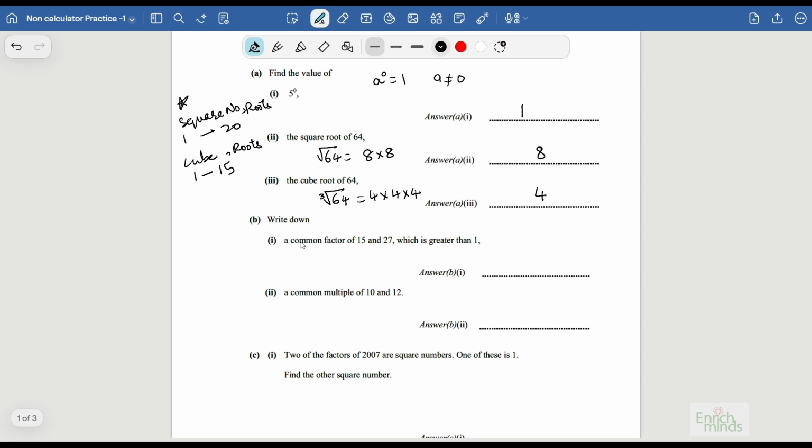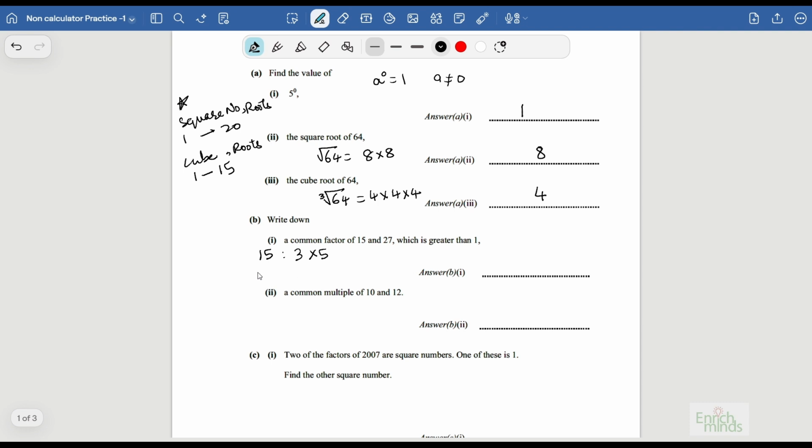The next question says, write down a common factor of 15 and 27 which is greater than 1. A factor of 15 is a number which divides 15 completely. Or in other words, what are the numbers which multiply to give the answer 15? We have this pair, 3 times 5 gives you 15. So 3 and 5 are the factors of 15. Both 3 and 5 divide 15 completely.